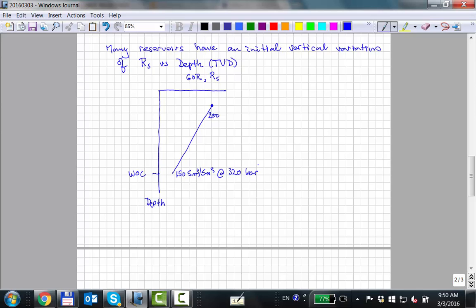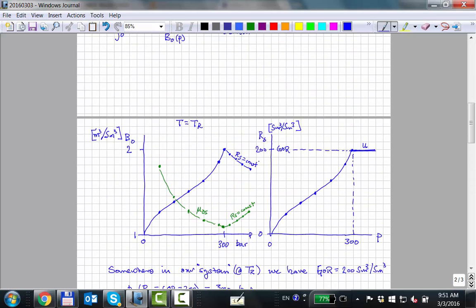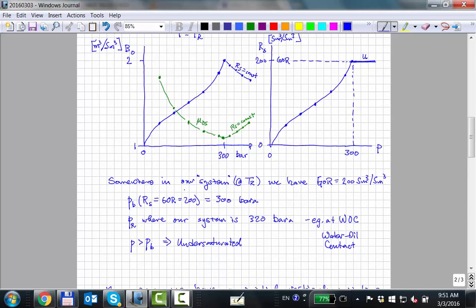Now we need the undersaturated property of an oil with an RS of 150. But we don't have that in our table up here. The 150 RS is here. I don't know, what would be 150 is here. Okay, it's right there.